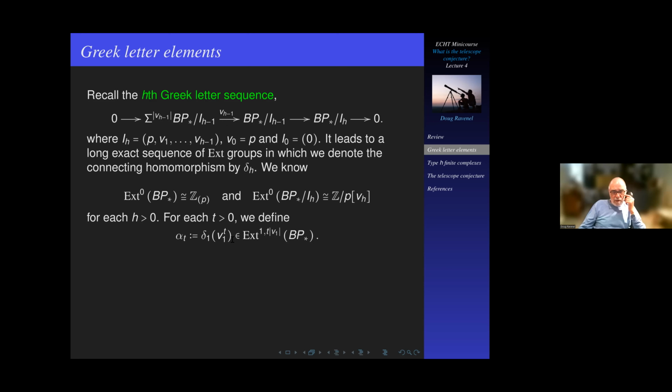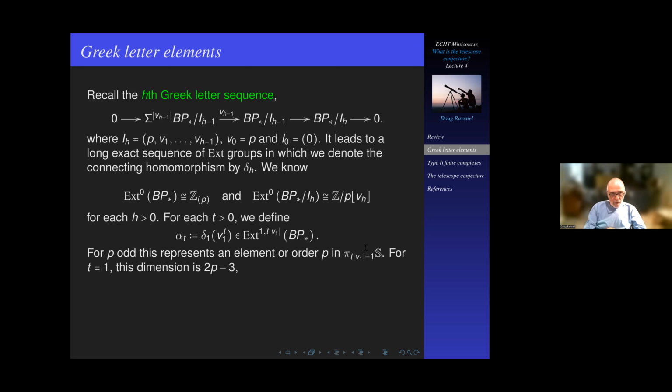So we've got elements: v1^t lives in here, and its image under the connecting homomorphism lives in this group. And if the prime is odd, this represents an element of order p in this stable stem, this homotopy group of the sphere spectrum.